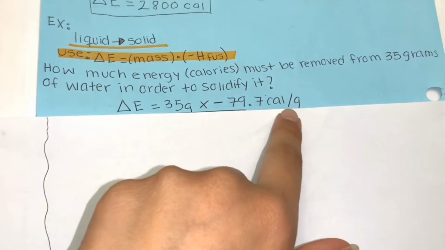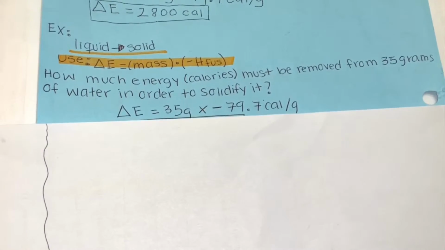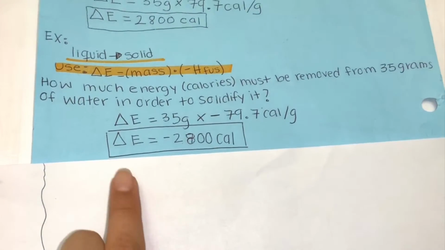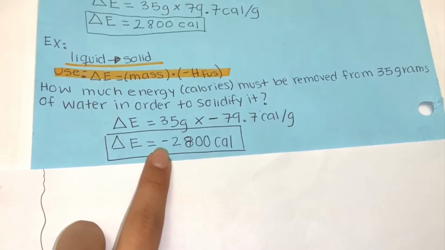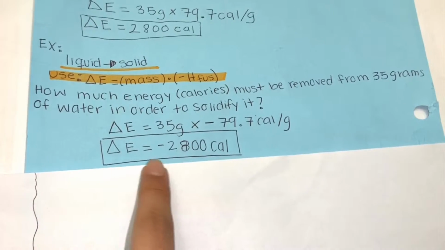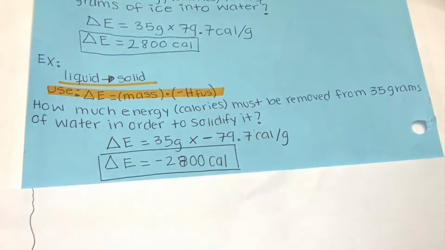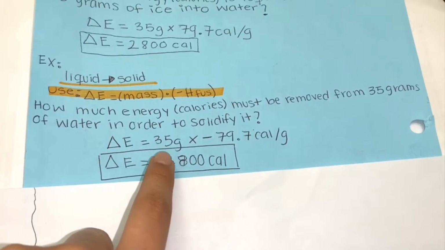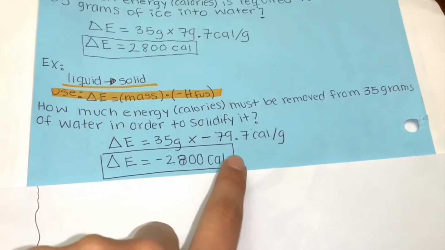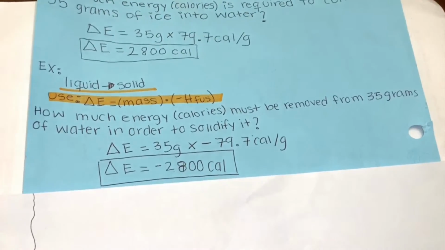Grams cancel, and you're left with calories, and your final answer is change in energy equals negative 2,800 calories. Remember the negative sign because we're using negative heat of fusion. How many significant figures? 2 significant figures here, 3 significant figures here, so we're left with 2 significant figures there.